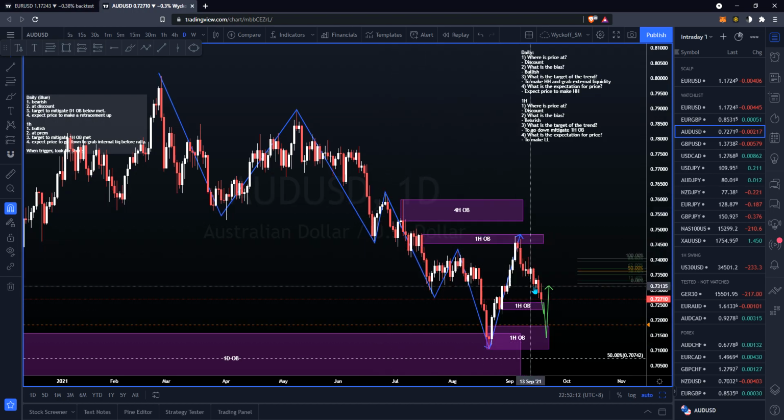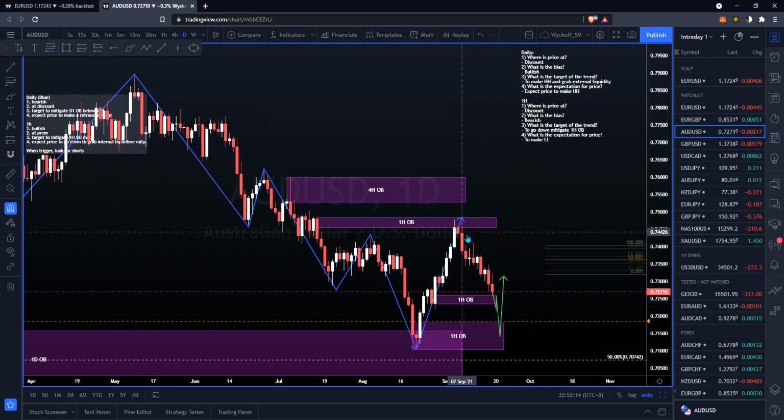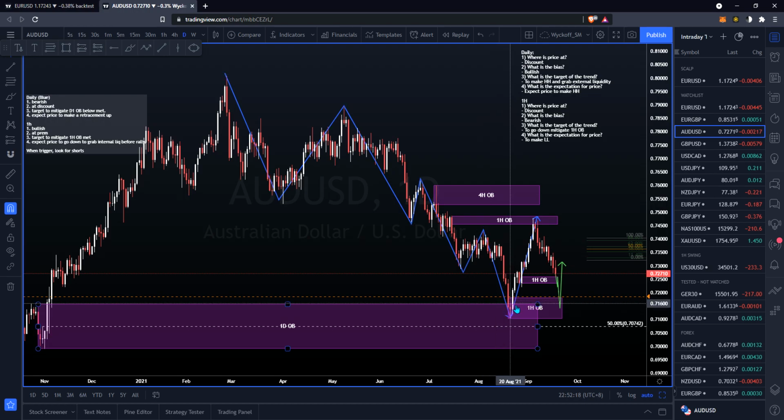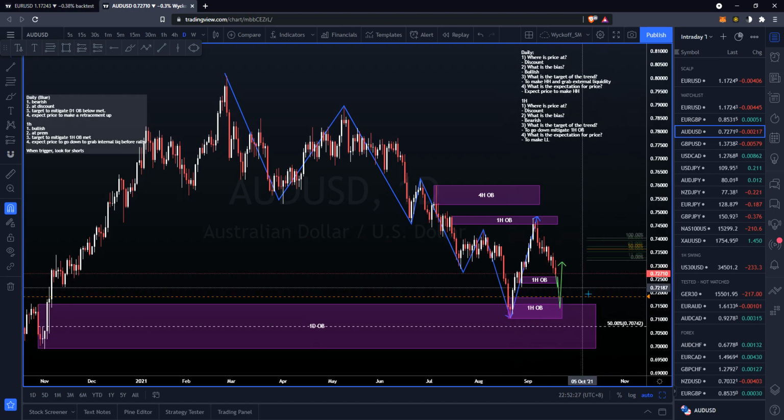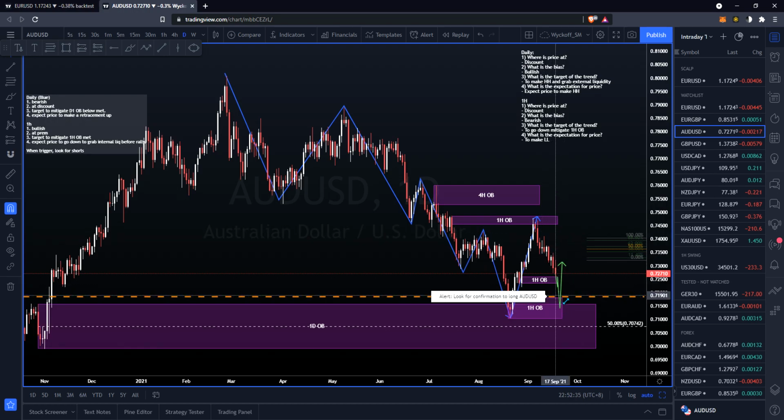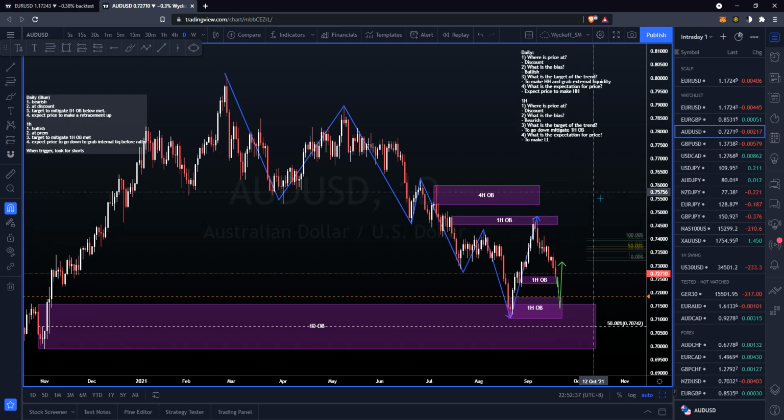So right now we are on a retracement, and of course we also tapped into this daily order block, and on a lower time frame we have this order block over here, which is within this daily order block. So I would expect price to respect this order block and rally.